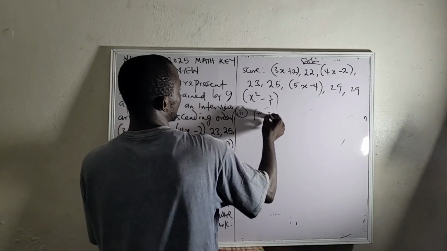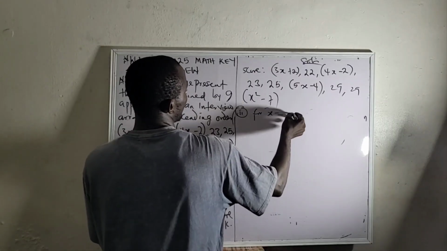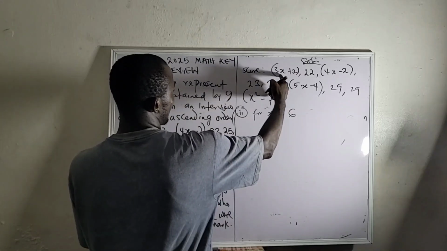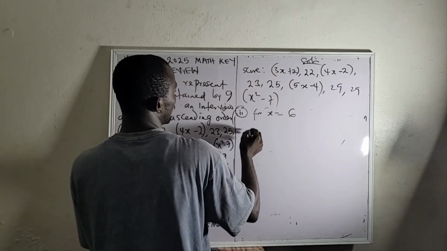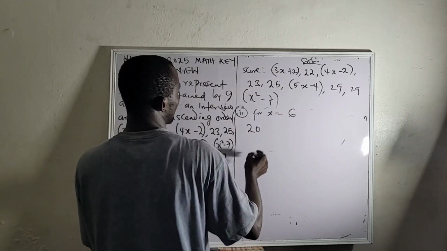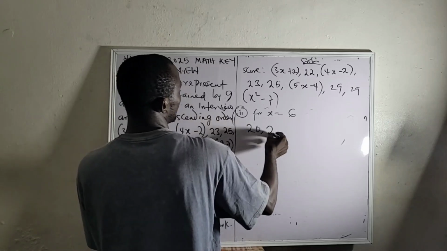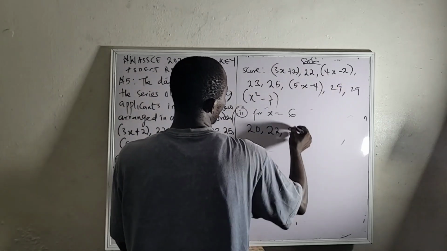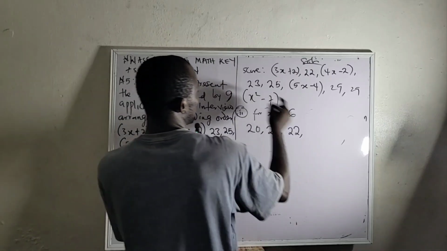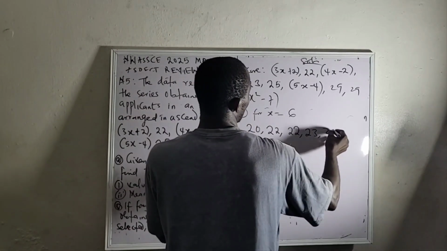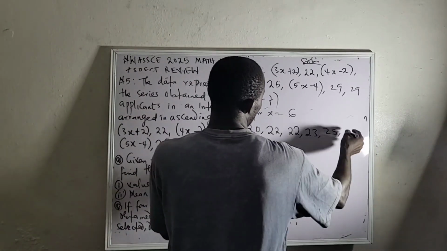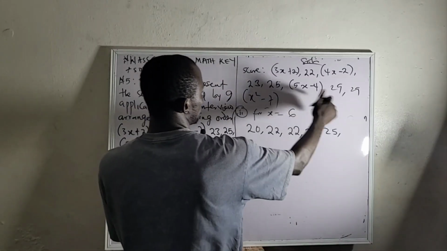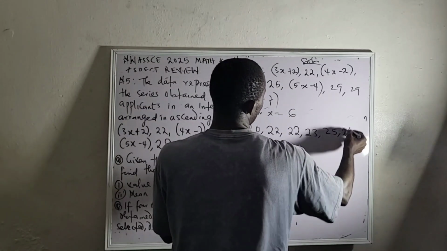For x equals 6, this will become what? 3 times 6, 18 plus 2, that will be 20, comma, this will remain 22. 4 times 6, 24 minus 2, that's also 22. This will be 23. This will be 25. This 5x, 5 times 6 is 30. 30 minus 4 is 26.